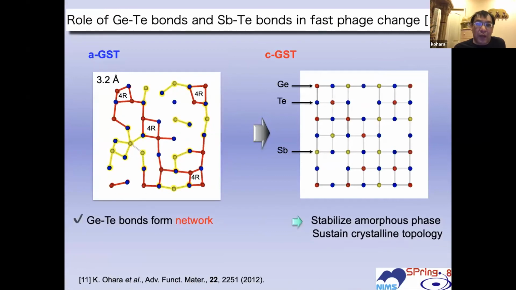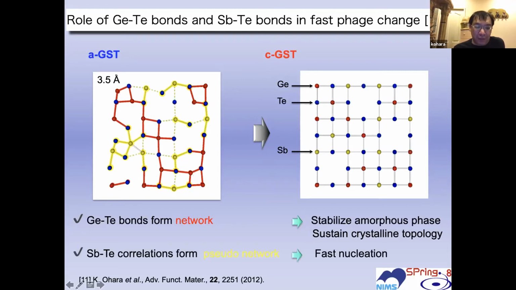So I would like to conclude this talk. In GST phase change materials, we can reasonably conclude that germanium tellurium bonds form a covalent network to stabilize the amorphous phase and also sustain crystalline topology by the formation of the network.